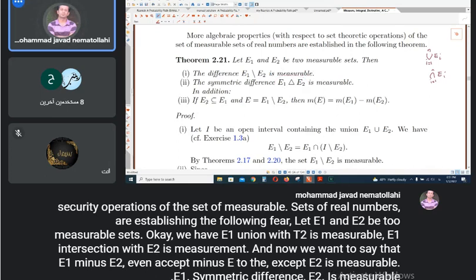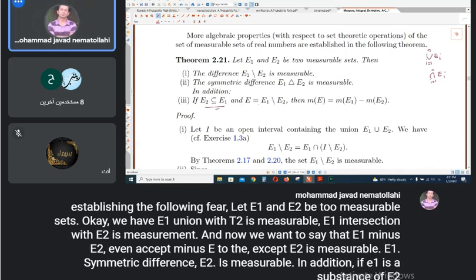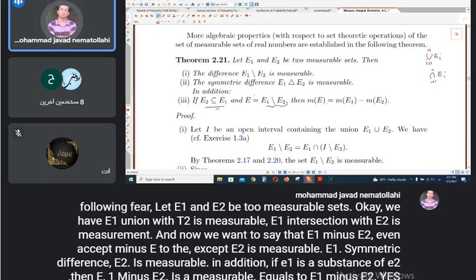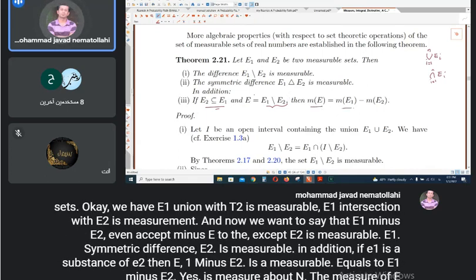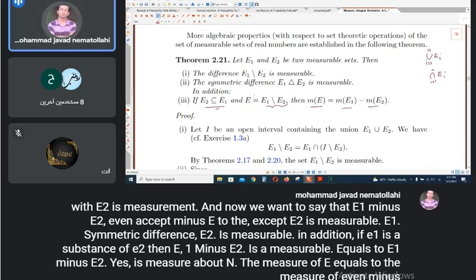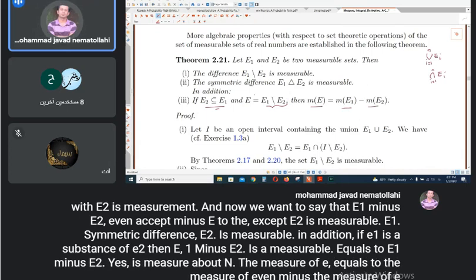In addition, if E2 is a subset of E1, then E equals E1 minus E2 is measurable, and the measure of E equals the measure of E1 minus the measure of E2. It's very important.